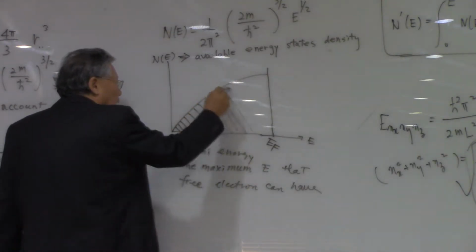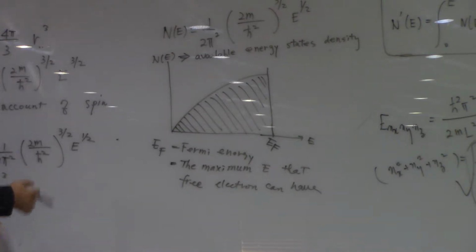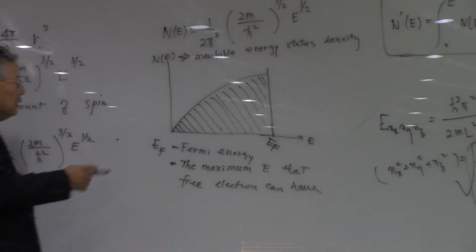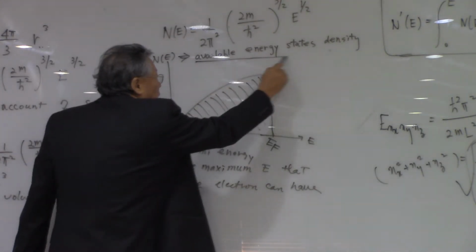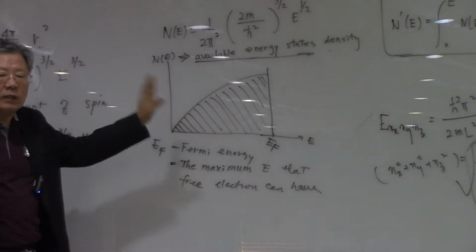This is not the energy of free electrons in a metal or in a solid of free electrons. This is the available energy states. It's nothing but energy states available for the electrons to occupy. What kind of energies the electron can really occupy depends on the temperature and the external energies, electric fields or whatsoever.